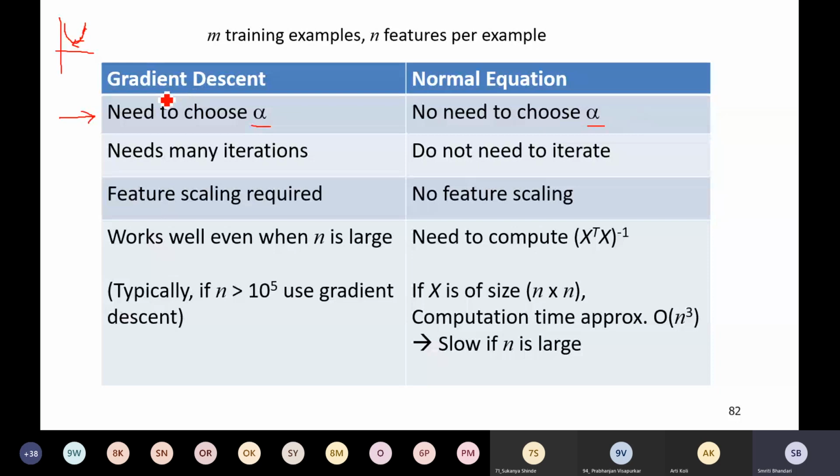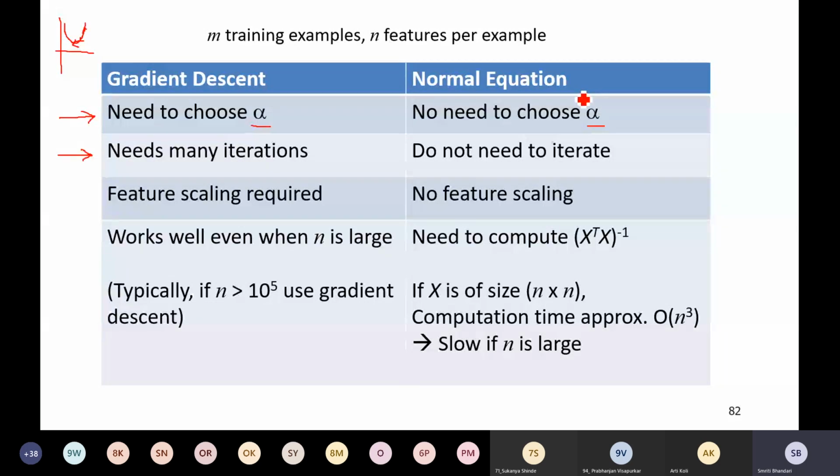If we consider the gradient descent method, it needs many iterations. As I stated, we select an initial value of theta and then go on updating the value of theta in every iteration, and after many iterations we reach the optimal theta values. So we require a number of iterations to compute gradient descent.